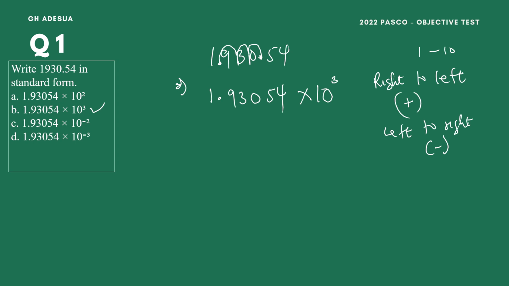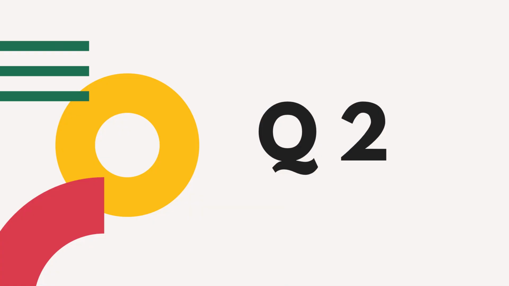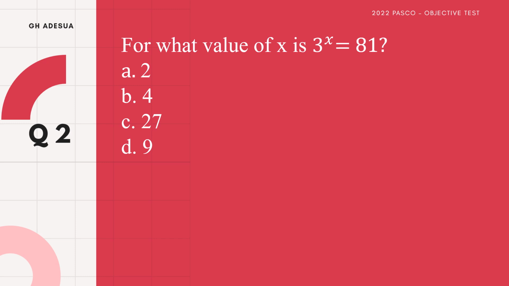We move on to our next question, that is question 2: for what value of x is 3 raised to the power x equal to 81?